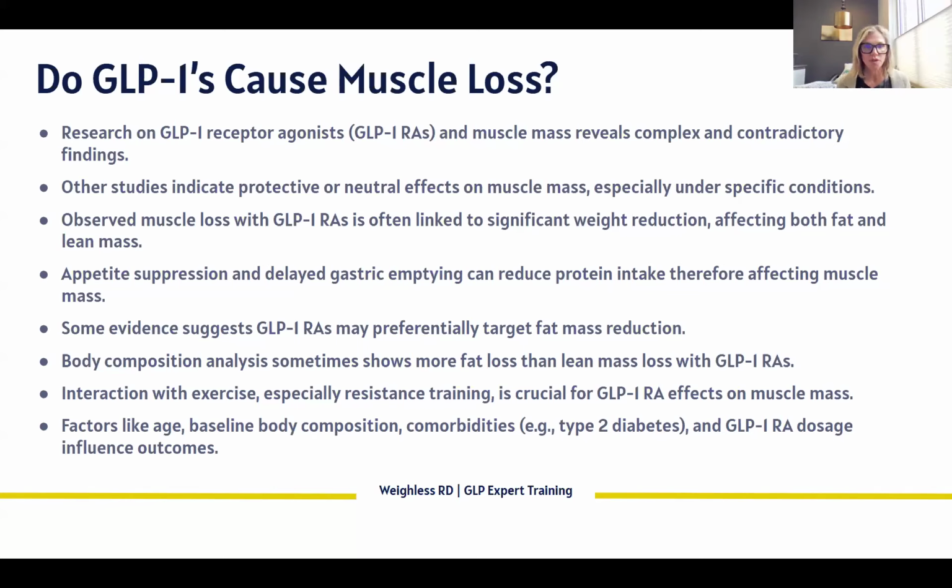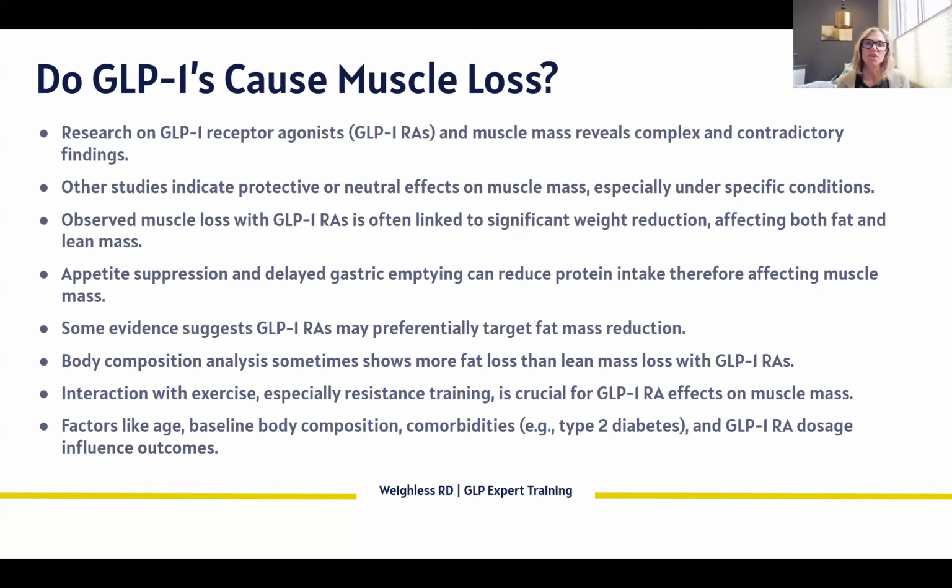Some studies have observed that muscle loss with GLPs is often linked to significant weight reduction, often affecting both fat and lean mass. Appetite suppression and delayed gastric emptying can reduce protein intake, therefore affecting muscle mass. We all kind of know this. Like everyone's like, they're losing weight or they're losing muscle because they're not eating enough protein.